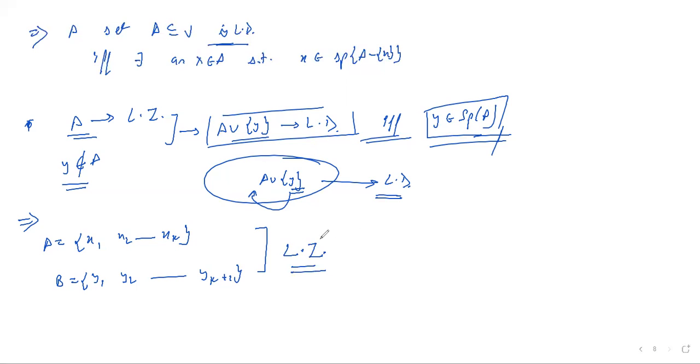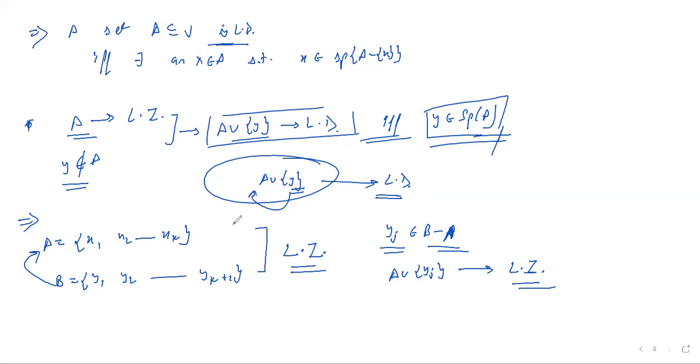Then if I define yj which belongs to B minus A, then the set A union yj would also become linearly independent.